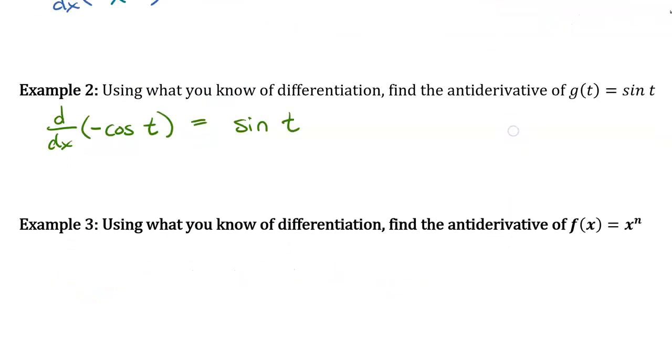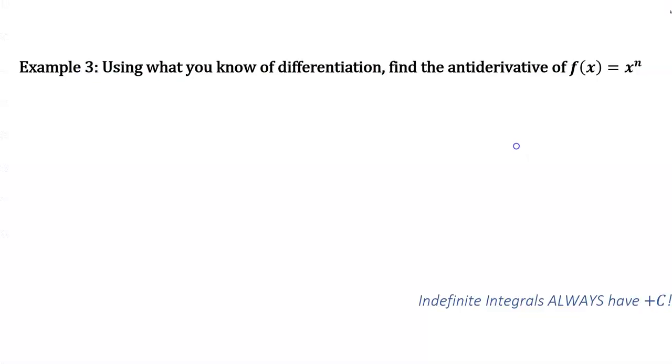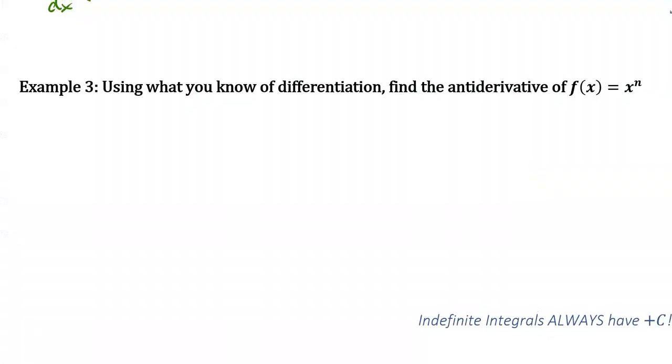So for our next example, it's not really an example. We want to derive a formula for going backwards for the power rule. Well, think about it. The power rule for differentiation, you're going down a power and the exponent comes out front.